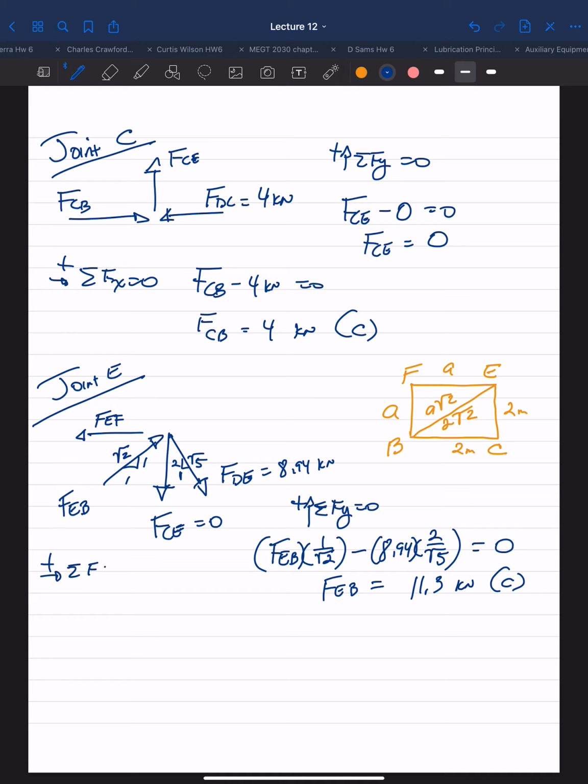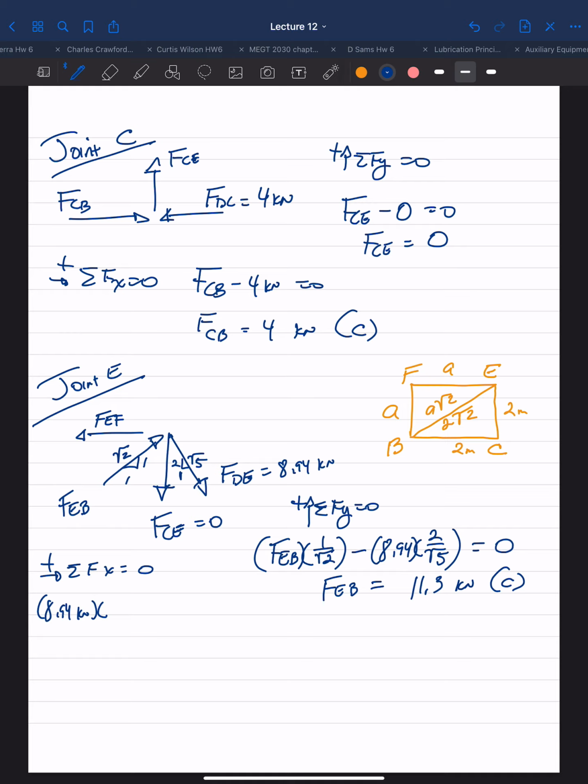Take the sum of our forces in the x direction equals 0. You have FEB, FEF, and FDE. So we have 8.94 kilonewtons times the x component.